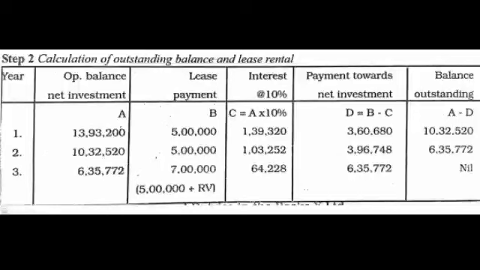Here the first column shows the year number 1, 2, 3, then opening balance, net investment, then lease payment, total paid amount, then interest amount, then payment towards net investment, then balance outstanding.